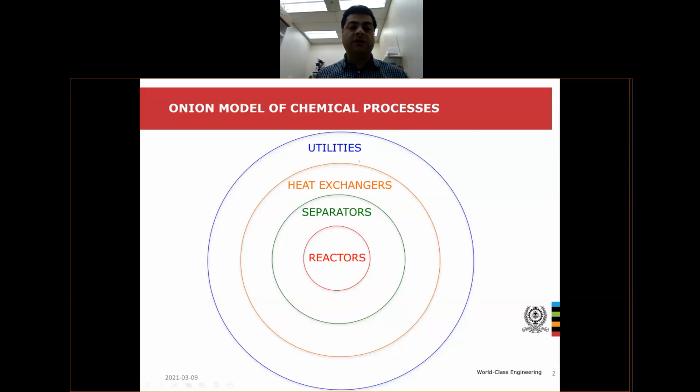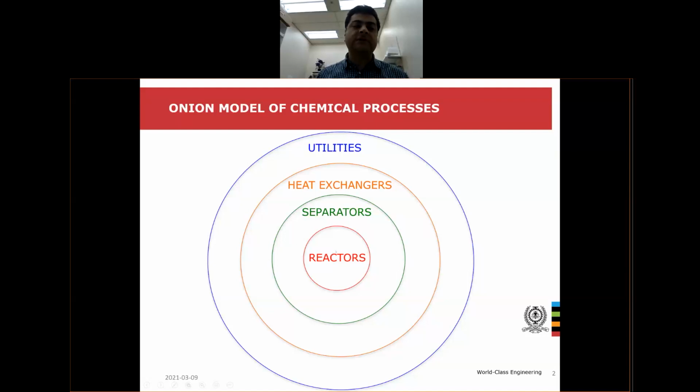So based on this configuration, unit operations are classified into reactors, separators, heat exchangers, and utilities like water, cooling water, steam, and electricity. And in any chemical process, in the internal layer, in other words, the core or heart of the process are reactors.